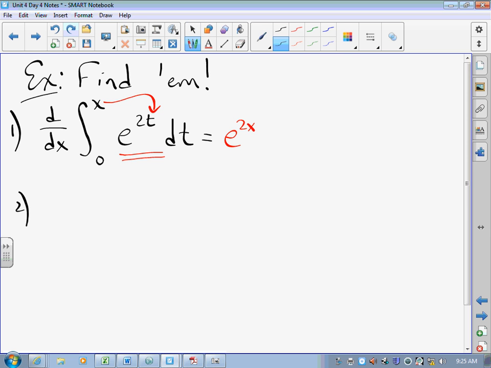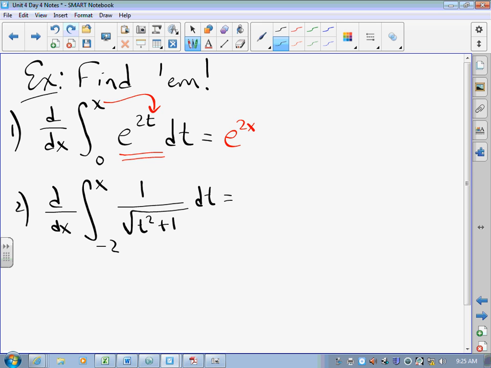It doesn't matter if the lower limit of integration is 0, or some other number like -2. If I see a derivative of an integral from a number to x, then I know I'm taking this function with that guy substituted.